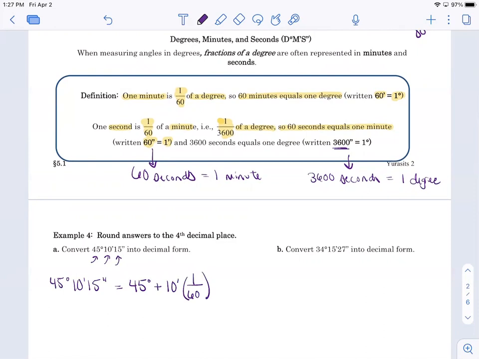So it's like you're putting it in like terms. And then 15 seconds, we know, is 1/3600th of a degree.